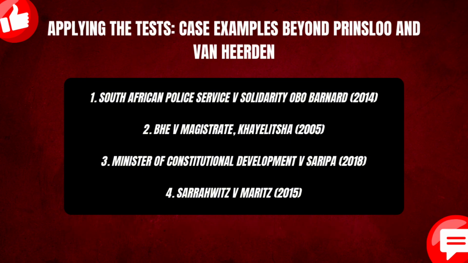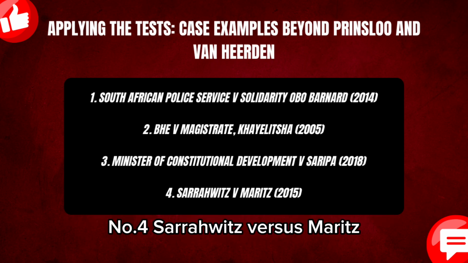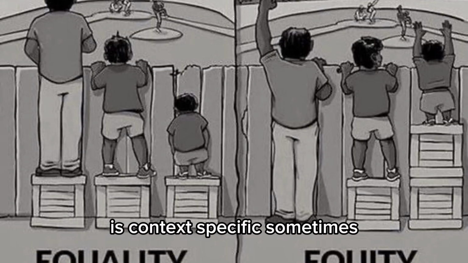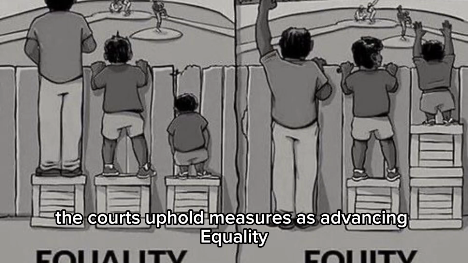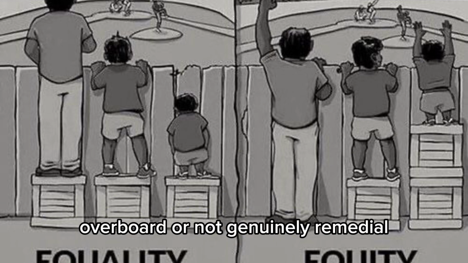Number 3, Minister of Constitutional Development versus SARIPA. Number 4, Harksen versus Lane. These cases show that equality analysis is context-specific. Sometimes the courts applaud measures as advancing equality. Other times, they strike them down for being irrational, overbroad, or not genuinely remedial.